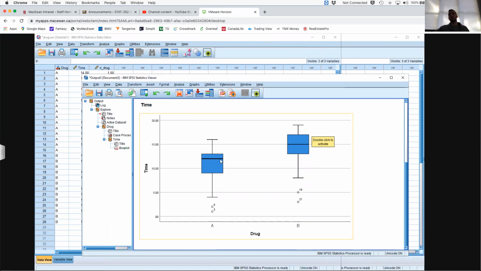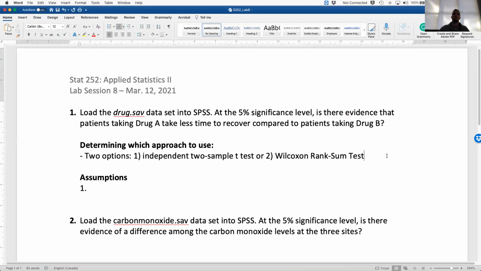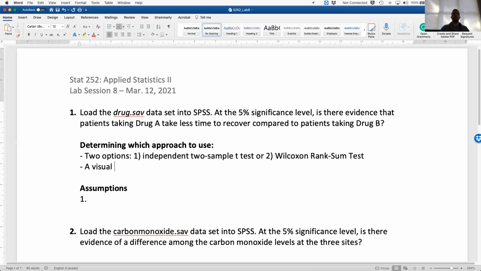We have the median for A at around 12, and the median for B at 15, and we have outliers on the lower end, which would imply left skewness. So a visual inspection of the data using box plots shows left skewness.